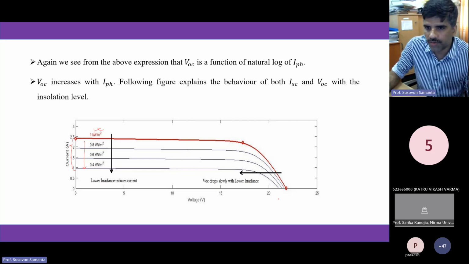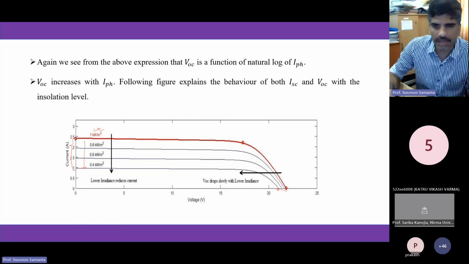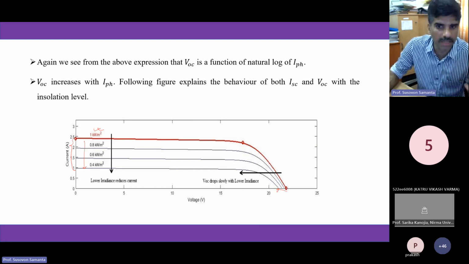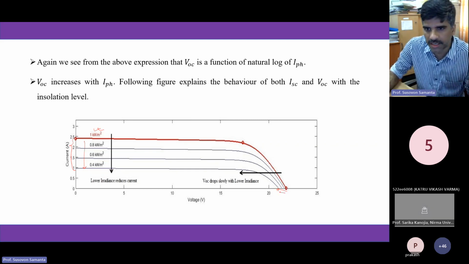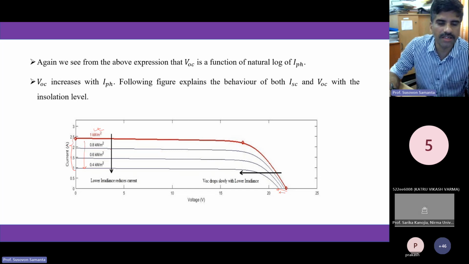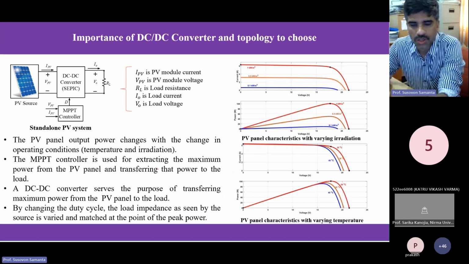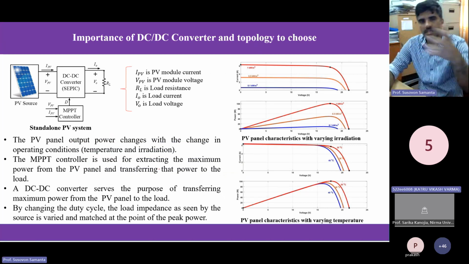And your VOC is not varying like your ISC. This variation is very slow. As we have seen, it varies logarithmically. That is why this variation is slow, and it changes as per the irradiation.